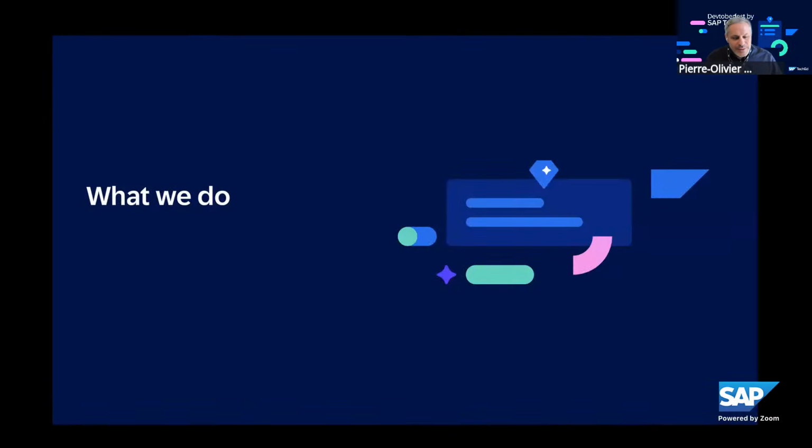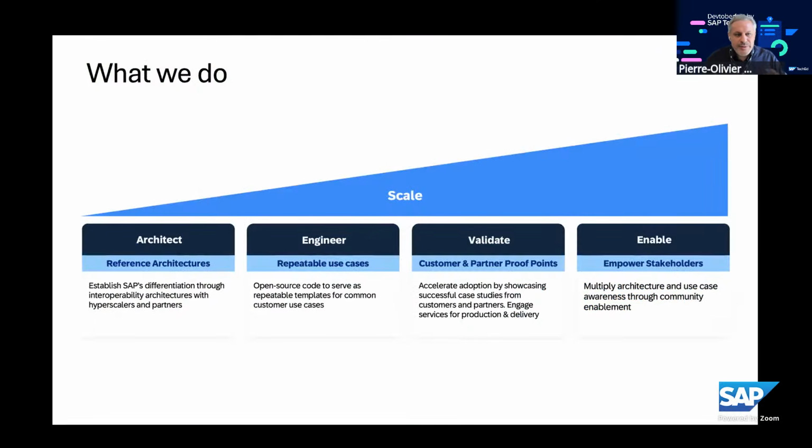So now what we are doing, so I already mentioned that the Office of the CTO is covering some strategic topics, but for the Architecture Center, and this is the topic I'm covering, we work on architecture, so reference solution architectures, RSA.